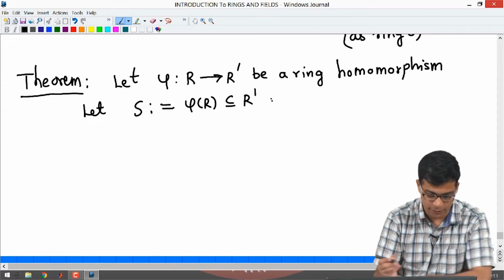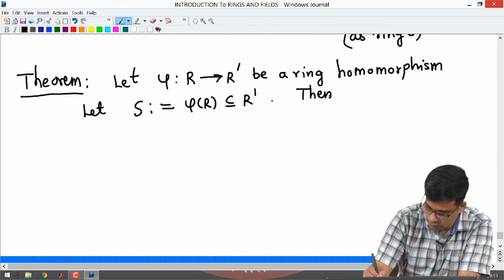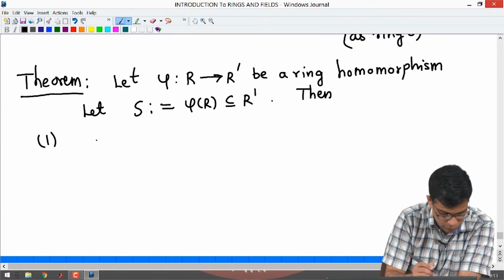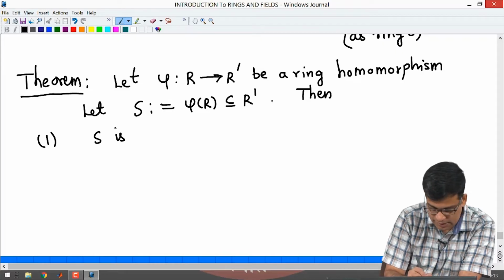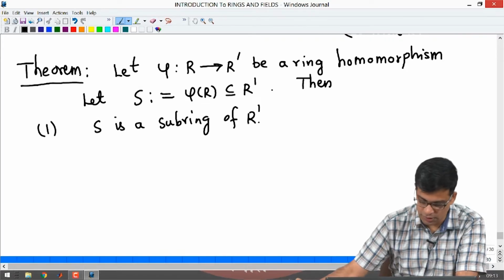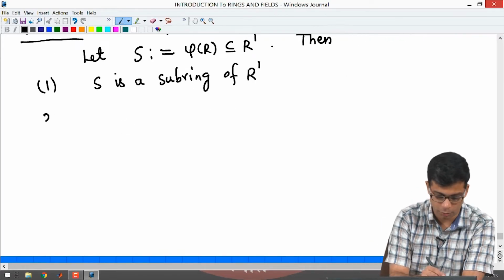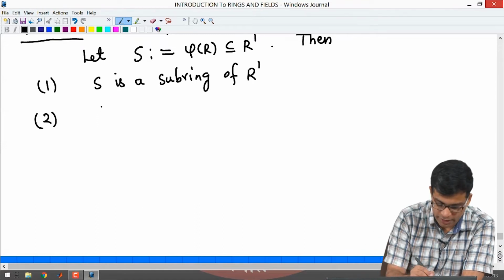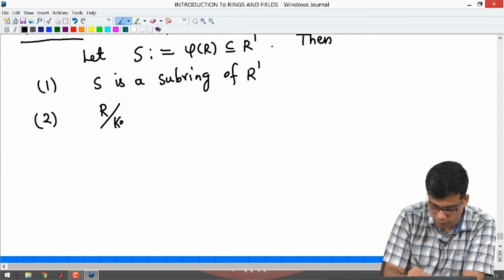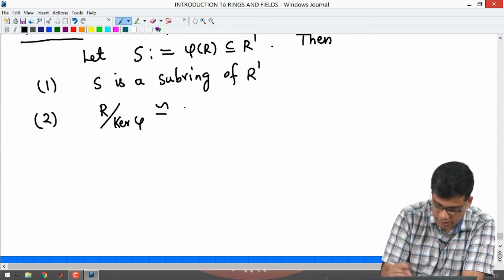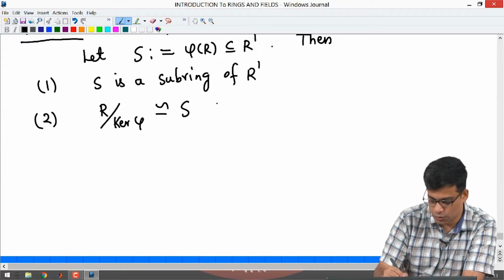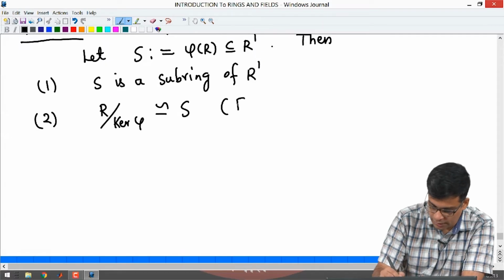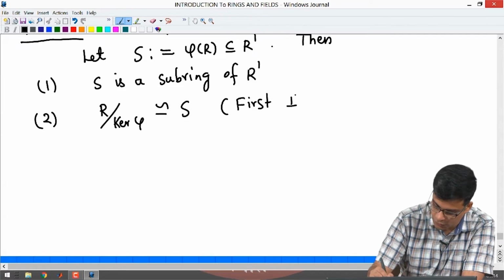So, we have 3 statements now. Then 1, S is a subring of R prime. This is a statement about ring homomorphisms. First is that S is a subring of R prime. Second is that R mod kernel of phi is isomorphic to S. This is isomorphism as rings, and this is called the first isomorphism theorem.